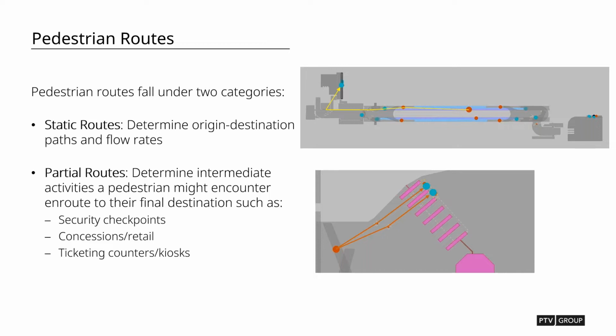I would consider all of those events as partial routes. Your static route is curb to gate, but your partial routes are all those intermediate activities: security checkpoints, concessions, ticketing, things like that, that you'll have to work through.